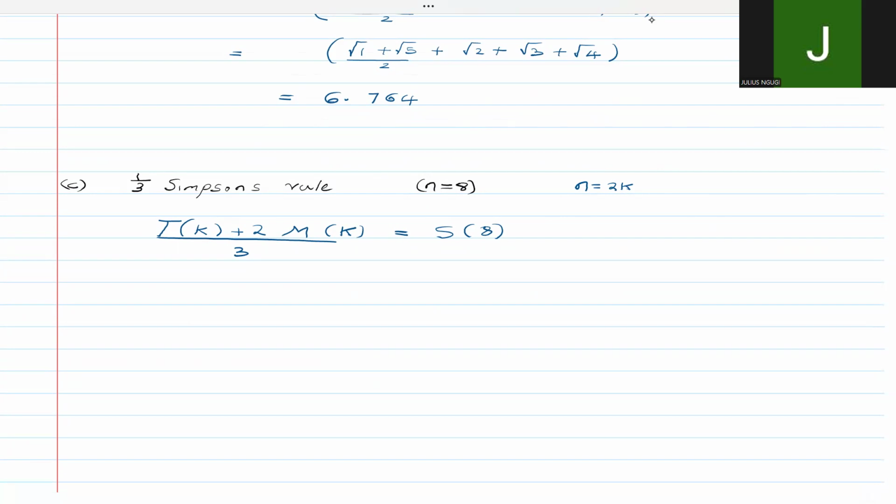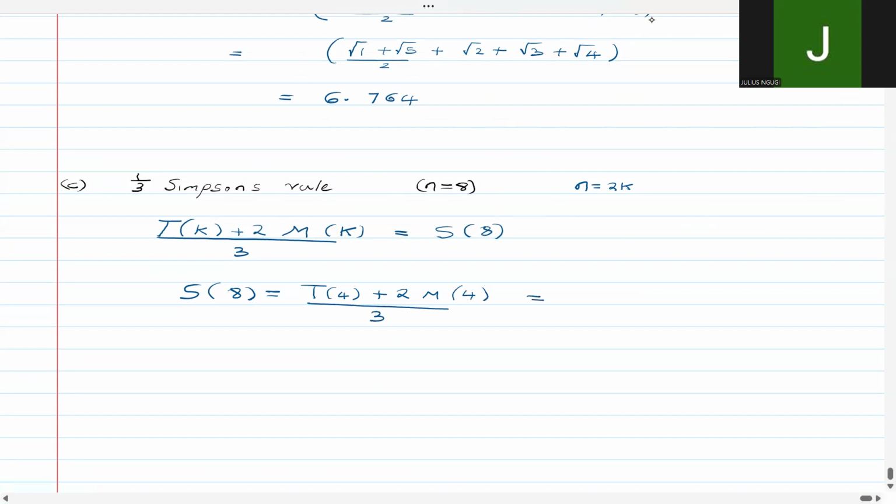So we have found S at 8 equals the trapezoidal rule with n being equal to 4, plus 2 times the midpoint with n being equal to 4, divided by 3.